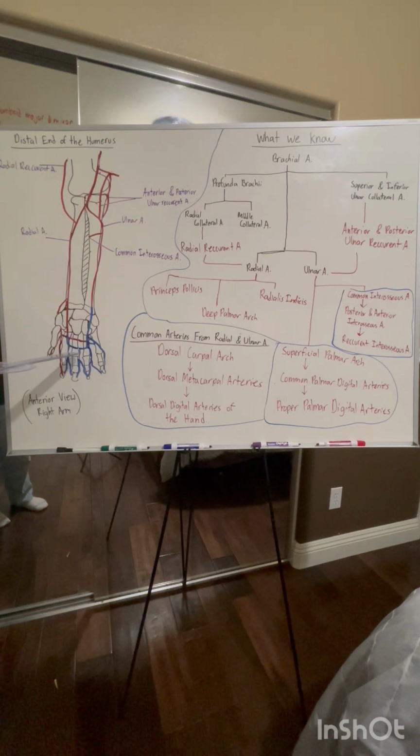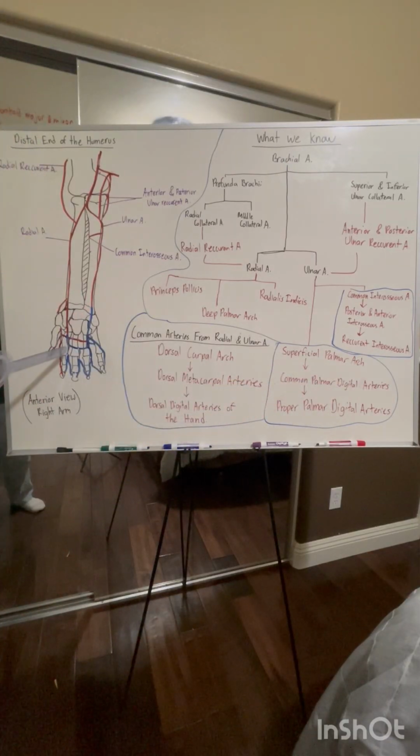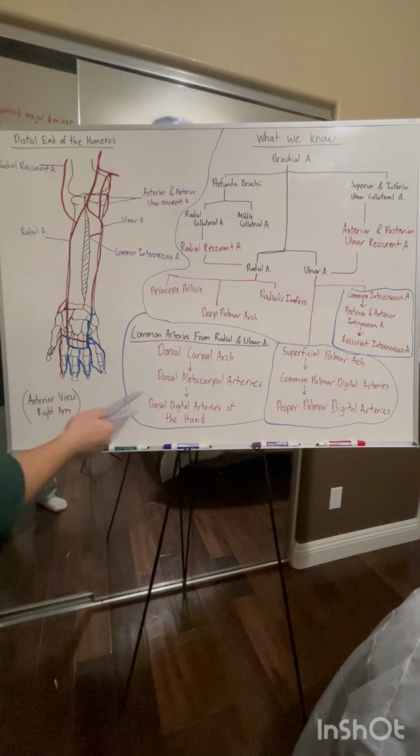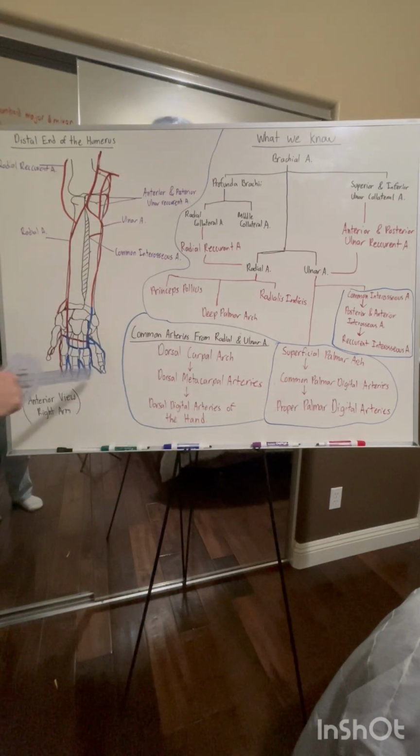And then it's going to be forming into the common palmar digital arteries, which you'll find in Complete Anatomy. I saw that it's near the proximal phalanges of digits 2 to 4. And then as we go further distally, the proper palmar digital arteries are going down to the tips of the fingers. That's the ulnar side for the palmar side.